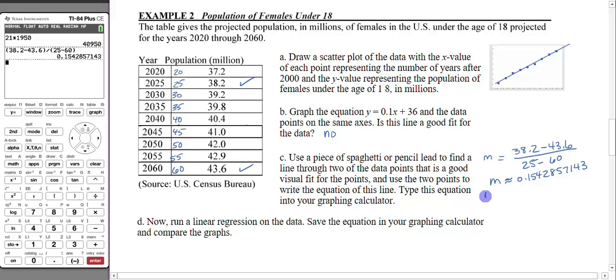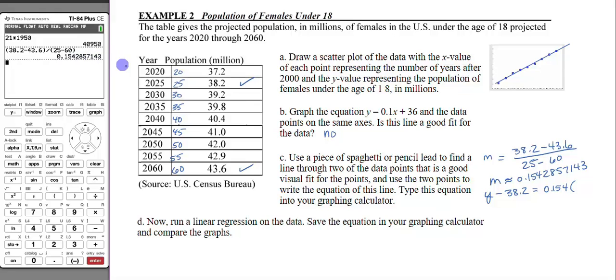So I'm going to say, let's use the first point, y minus 38.2 equals my slope of 0.154. I'm just going to record that, but I'll use this number that's in my calculator over here. There's even more digits that are not shown on your calculator, so best to use that in your future calculations. And I've got an x minus 25 there.